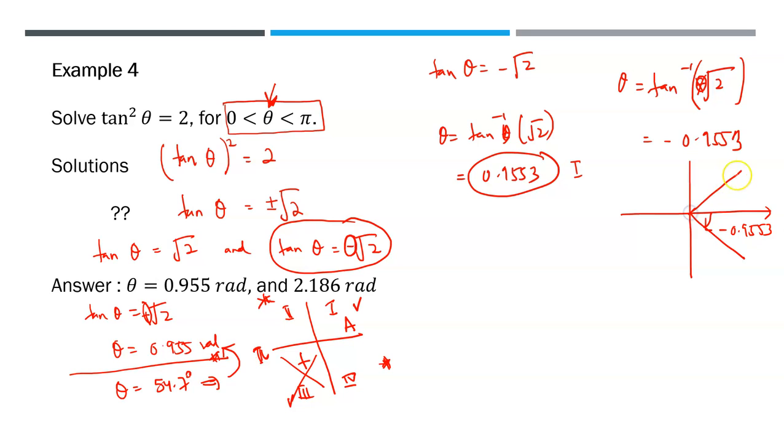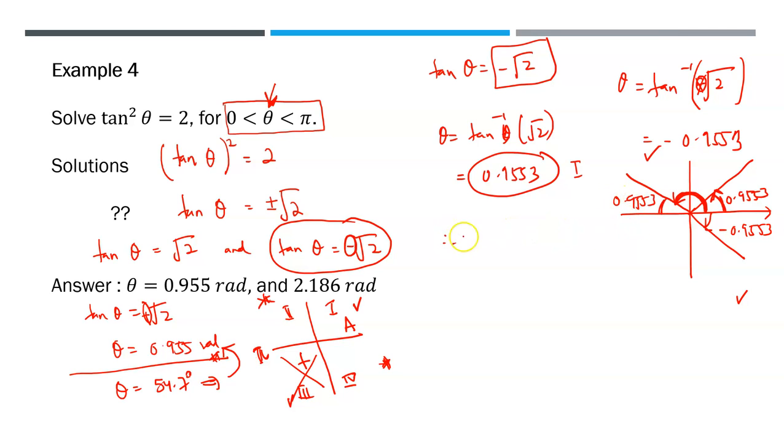But since this is a negative value, your answer is in the second and fourth quadrant, so your angle should be up until here. How to find this angle, the one that I highlight here? Since you know this is 0.9553, the angle here is the same.